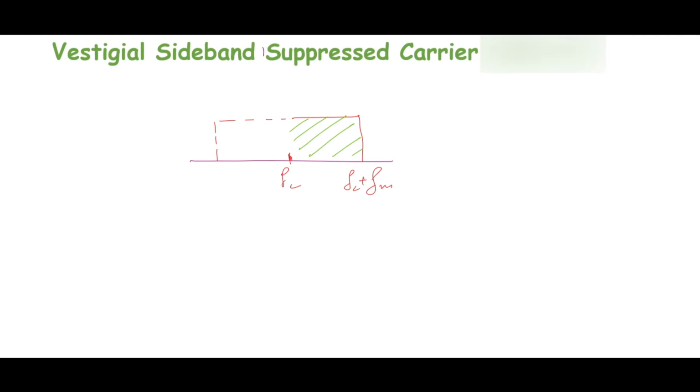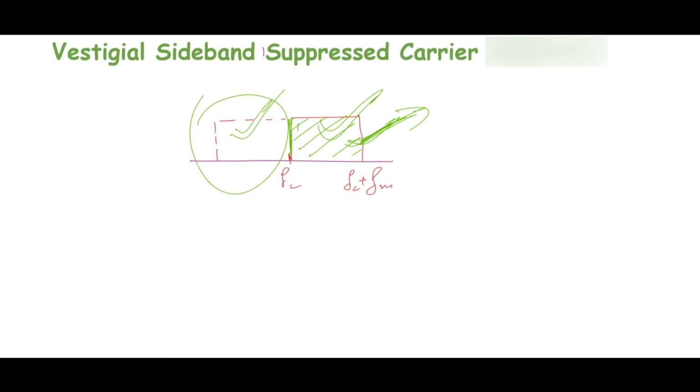Actually, it is an important limitation of SSB, you can say. This unwanted sideband which we want to suppress lies very close to the wanted sideband, right? So this process becomes quite complicated, because suppressing components of this part may result in damage or elimination of a portion of this wanted sideband also.